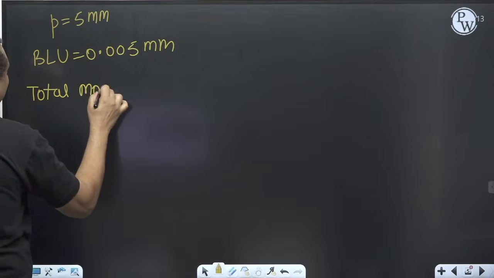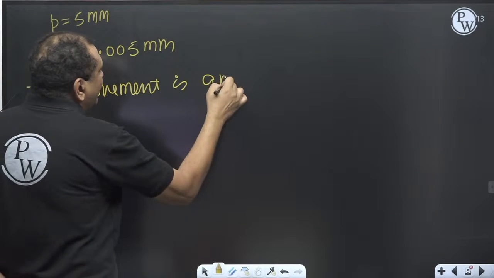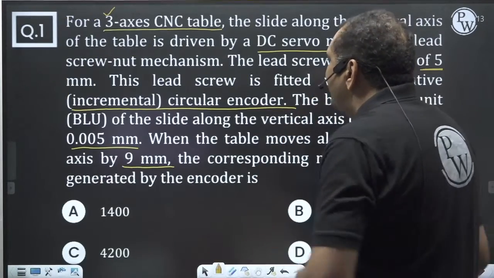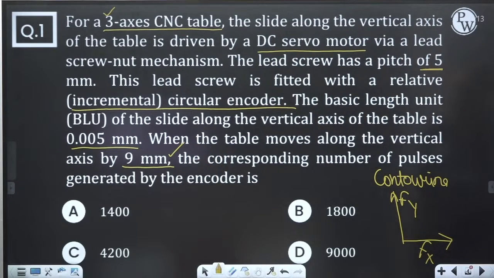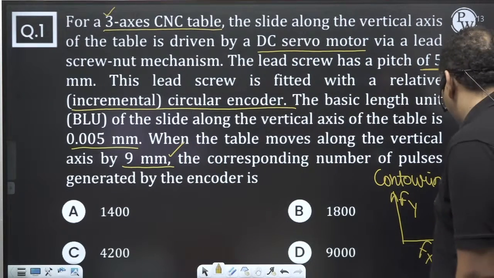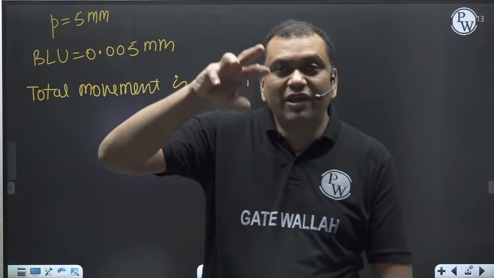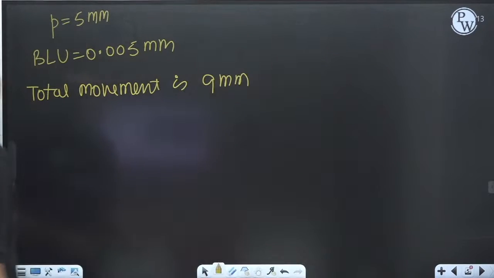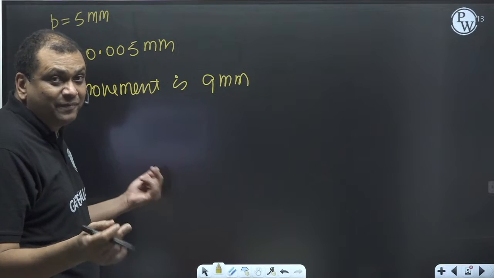The total movement is 9 mm. Correct? So now we have to find out the number of pulses. One pulse, one step. The number of steps is not given to you.